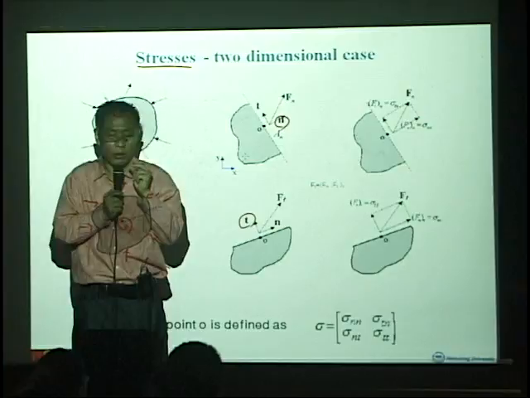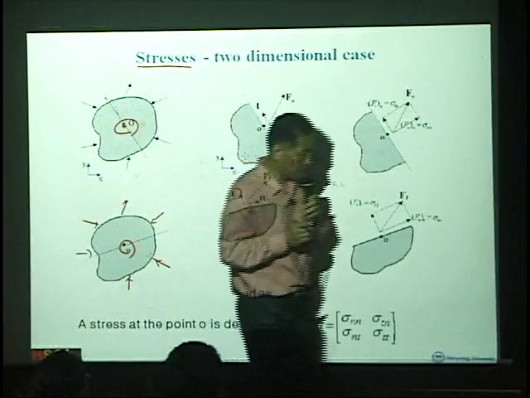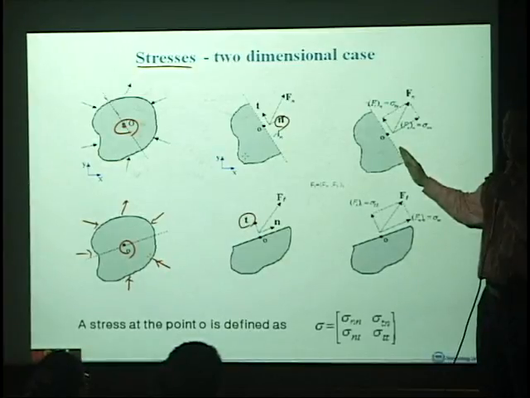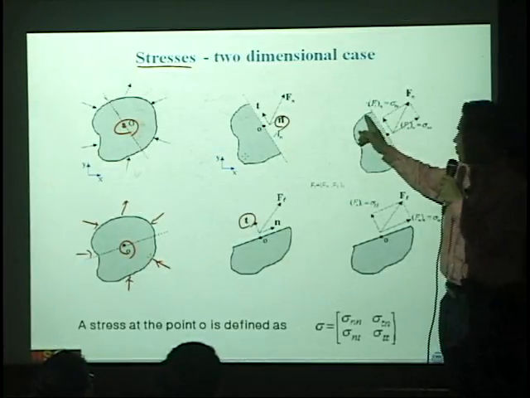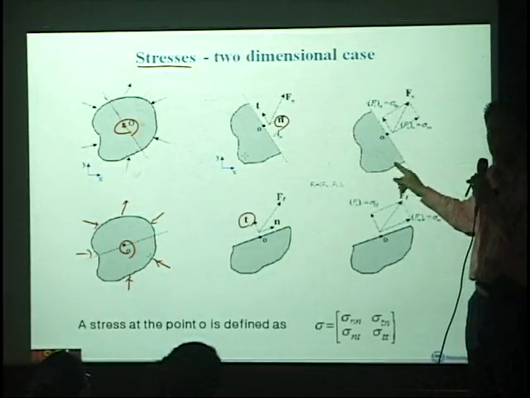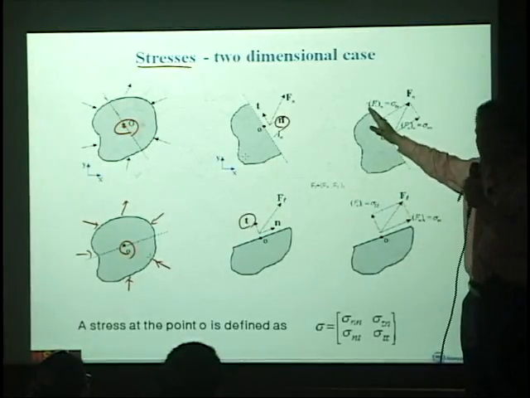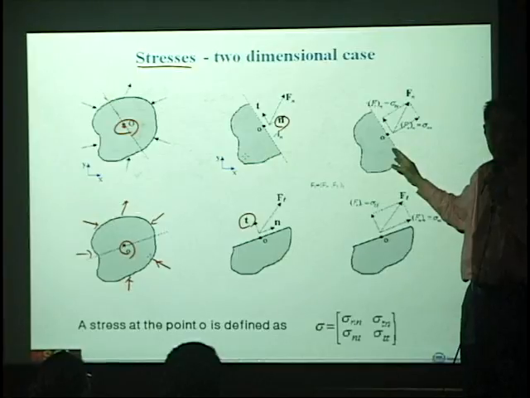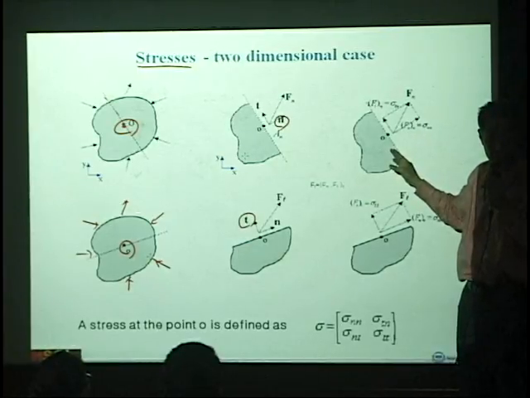Now, what we are trying to see is what is happening in these cross sections. As we know, since we have an external force here, we should have some internal force here to have force equilibrium, right?